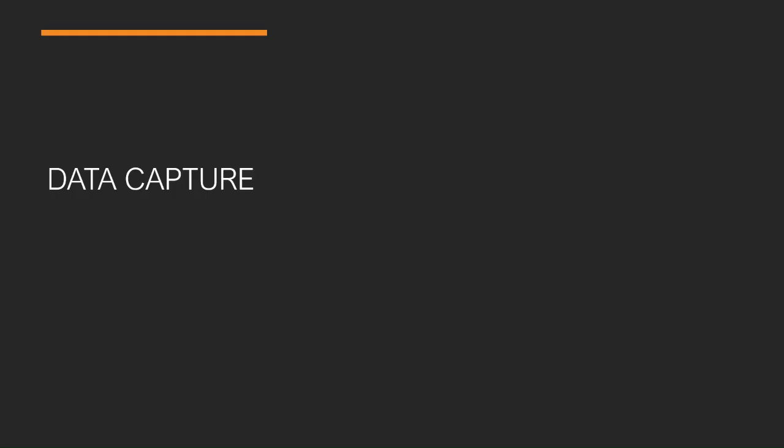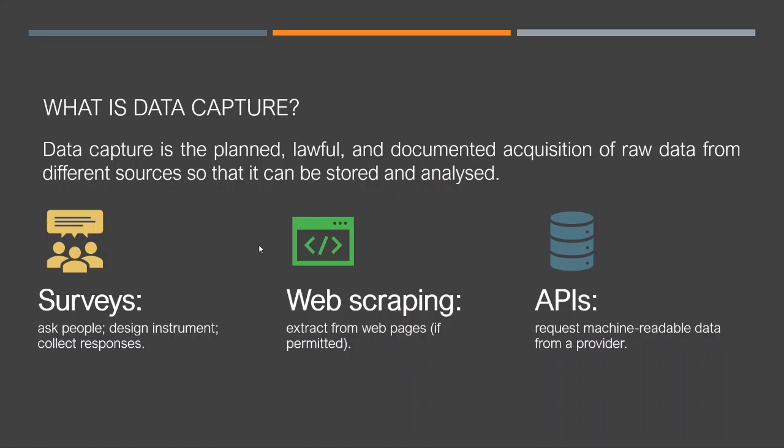To start with, we'll talk about data capture. When we talk about data capture, we are talking about the lawful acquisition, as you will see here, the planned, lawful, and documented acquisition of raw data. And these raw data come from different sources so that it can be stored and analyzed. Now, how can we capture data?